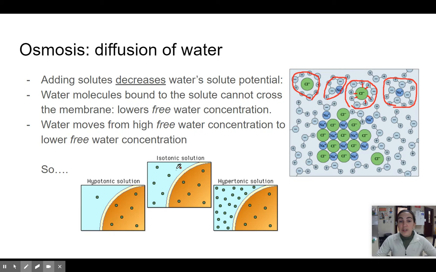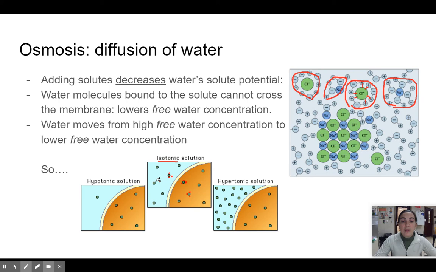So when a solution is isotonic, we'll start with that one because it's kind of the easiest one to visualize. Isotonic means there's equal concentration on both sides of the membrane. So my little red dots are going to represent water molecules in these drawings. You do have some water that's bound to the solute on both sides of the membrane.